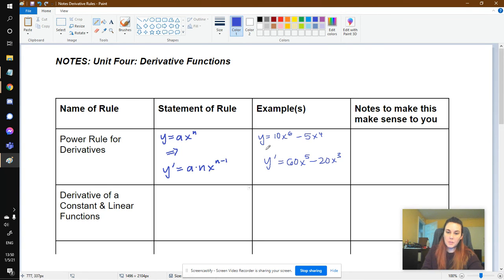And you can put your own example, one that makes sense to you, maybe ones that you find tricky from the previous homeworks or from any homeworks we have this time. And then notes to make this make sense to you. This is where you would write something like multiply constant and exponent, knock exponent down by 1, right?